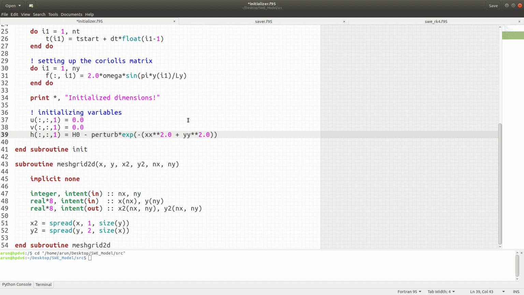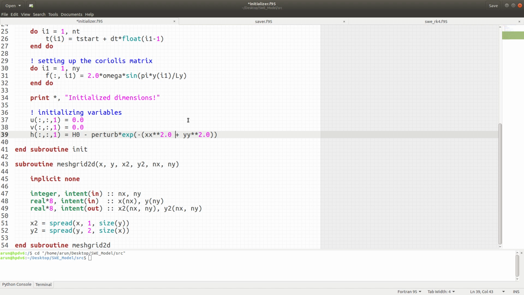What this essentially gives us is a Gaussian well kind of profile in the beginning, indicating a small dip in the center, a small dip in the height level.